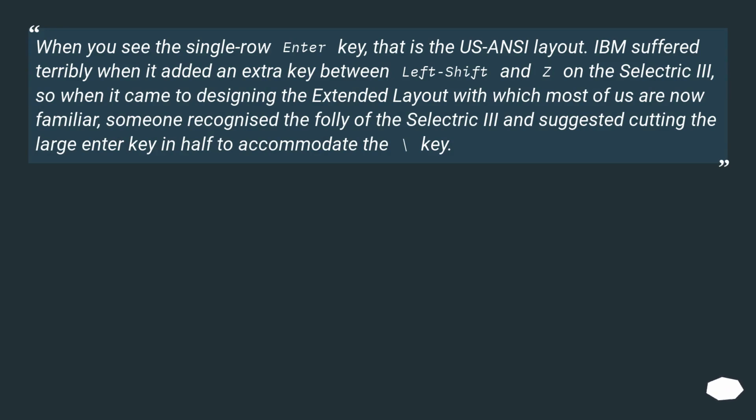IBM suffered terribly when it added an extra key between left shift and Z on the Selectric 3, so when it came to designing the extended layout with which most of us are now familiar, someone recognized the folly of the Selectric 3 and suggested cutting the large enter key in half to accommodate the key.